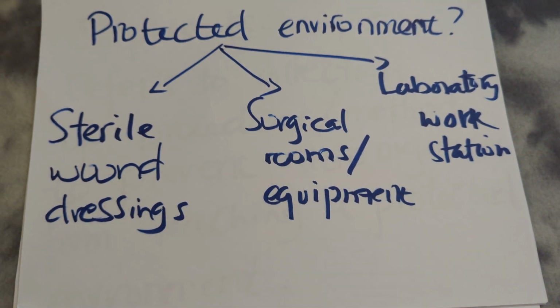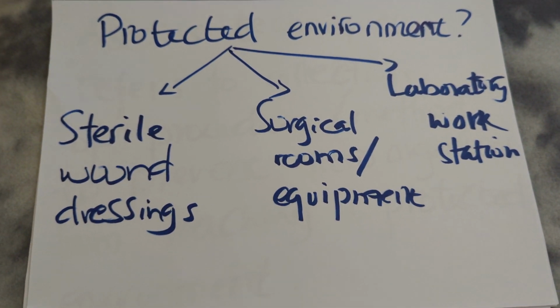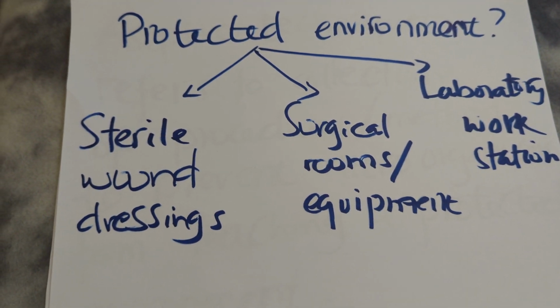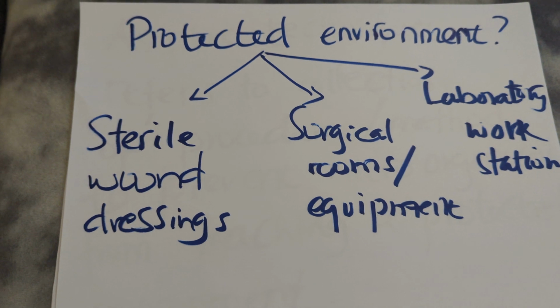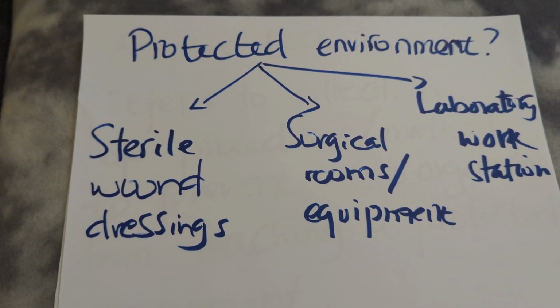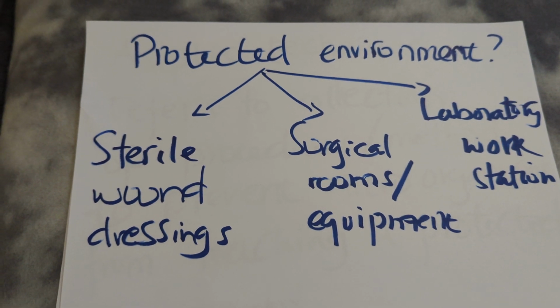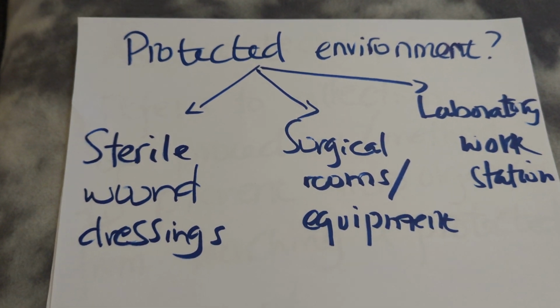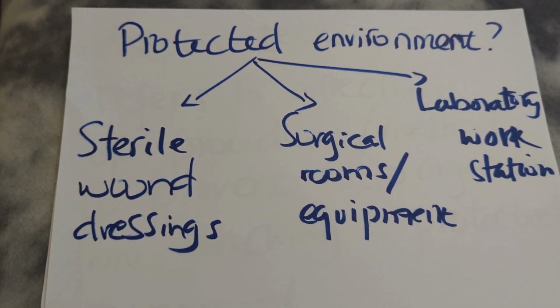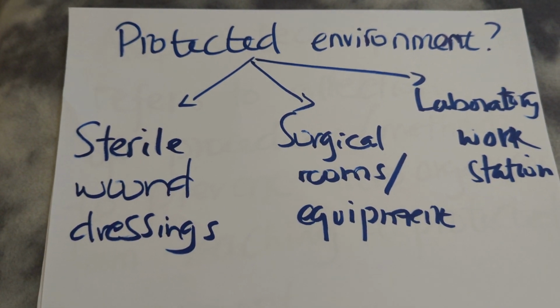And then what is a protected environment? We can define a protected environment as any area where you want no pathogens, or as few pathogens as humanly possible. Of course, this is where the distinction between sterility and disinfection comes in, because it's not always possible to achieve sterility.